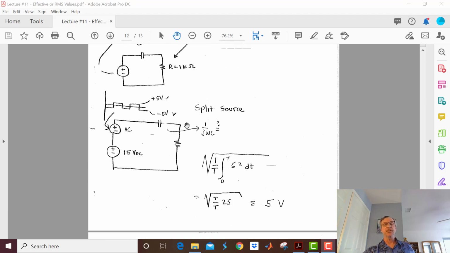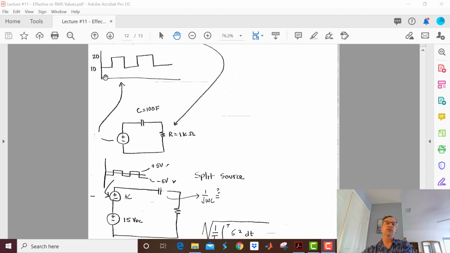And in this case, let's say that switch is right here. If I'm in the AC coupling position and I look here, I'm going to see a waveform that goes up 5, down 5, up 5, down 5. If I close the switch, now I'm going to pass that DC part of the waveform, and I'm going to get a signal that looks like this.